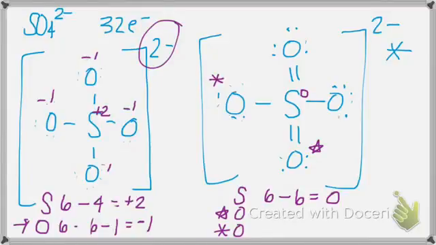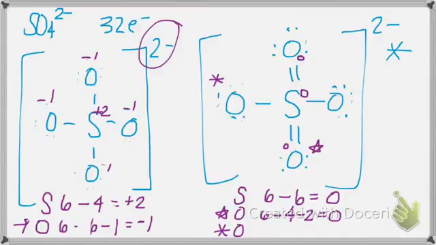Okay, so this structure is looking pretty promising. Now we're going to do star O. So I've got 6 minus 4, because it's only got 4, and then minus 2, which is 0. So this one's going to have a 0, and this one's going to have a 0. So far I've got 3 of those at 0, which they like. It's better.